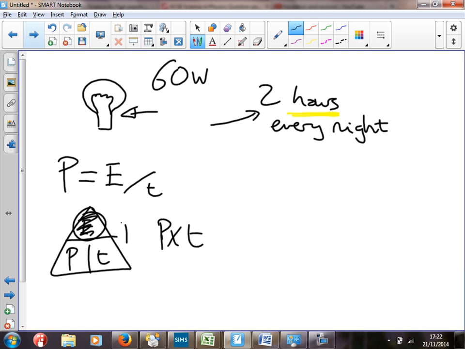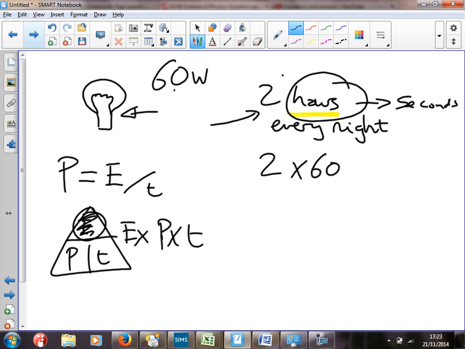Okay, that's the sum I'm going to do, but I do not do 60 multiplied by 2 because this is in hours, and I need to convert it into seconds. So first thing we do is we take our 2 hours, we multiply it by 60 to get it in minutes, which is 120.